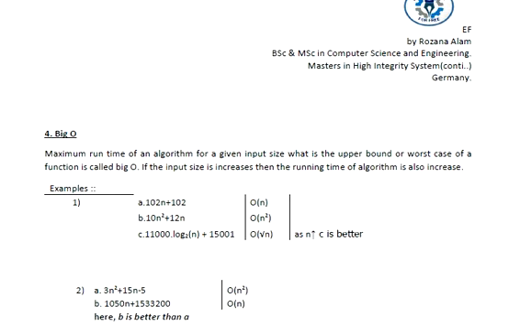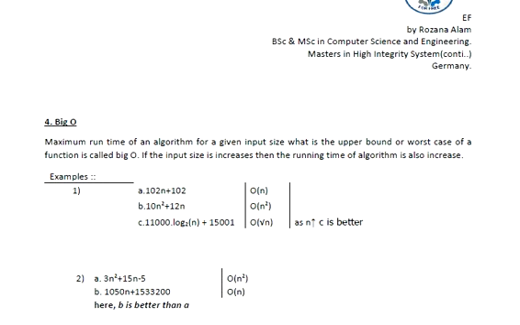So another problem, let's say we have two equations. For the big O, we get the polynomial time complexity. For A, 3n square plus 15n minus f, we have order of n square.